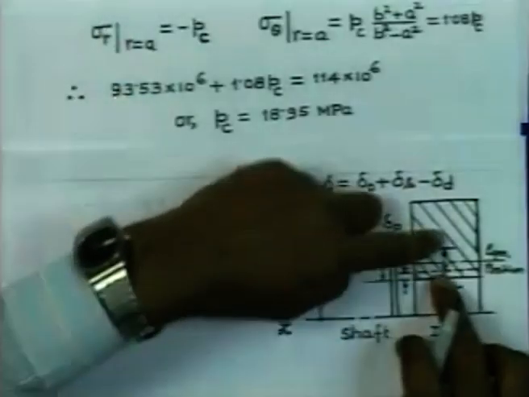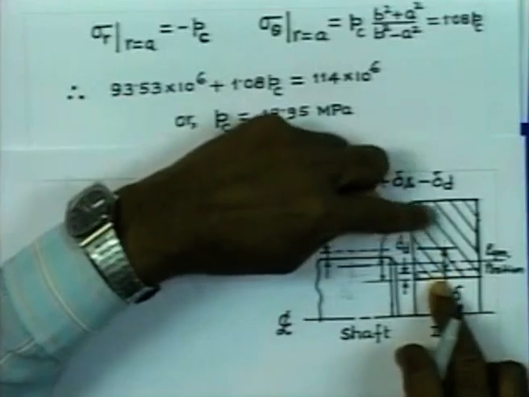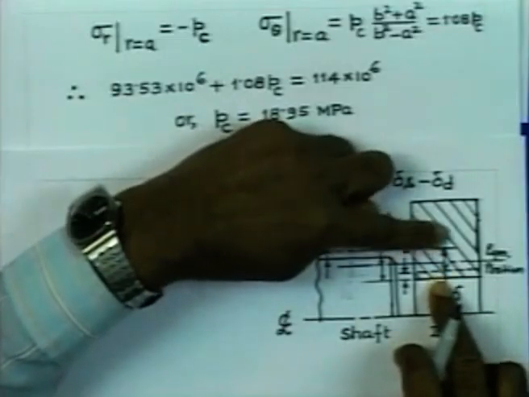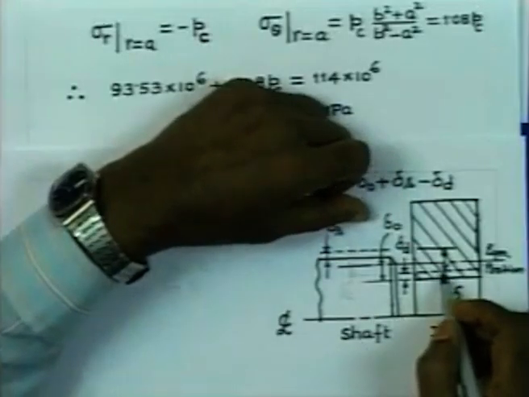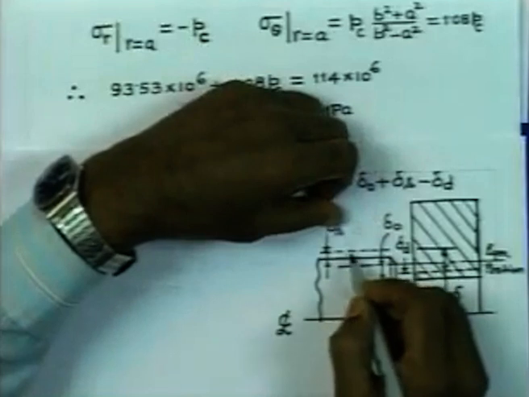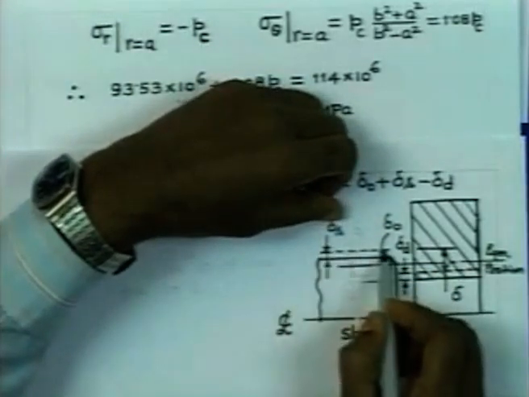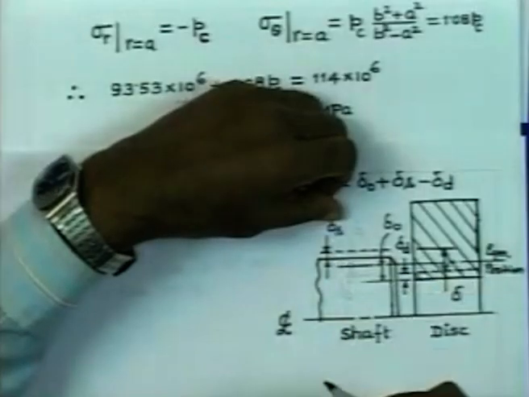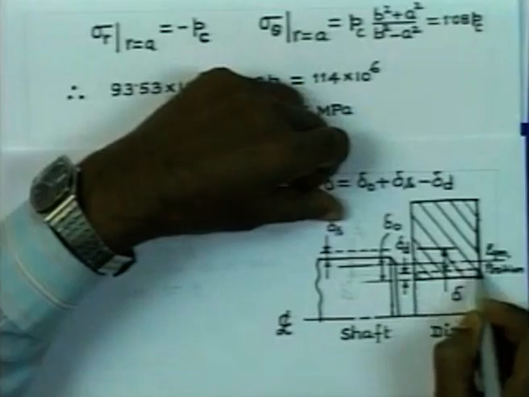So, this gap between the two has been bridged by the contact pressure. So, therefore, we have a contact pressure acting at the rotational speed on this surface of the shaft to decrease its dimension, and the same pressure is acting on this inner surface of the disc to increase its dimension.